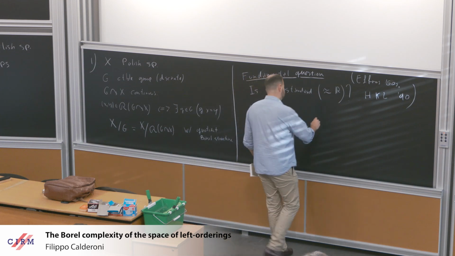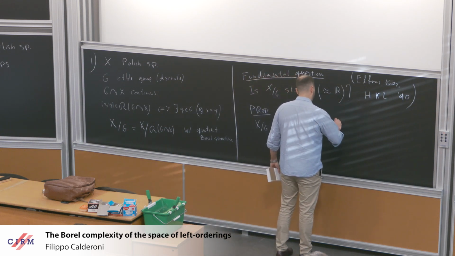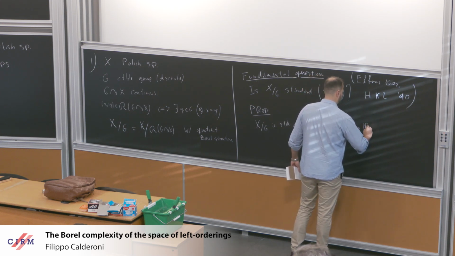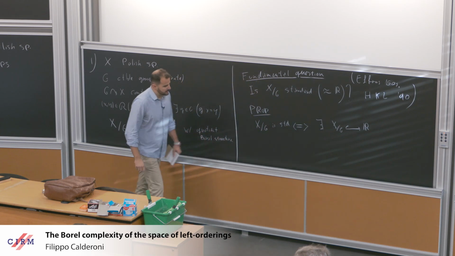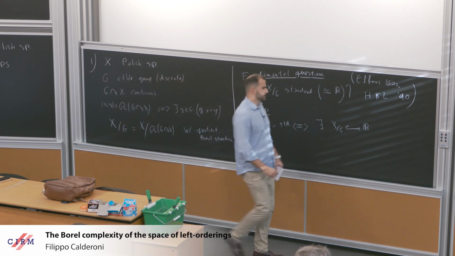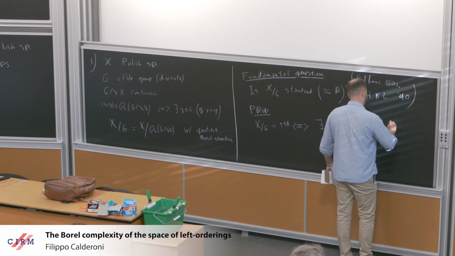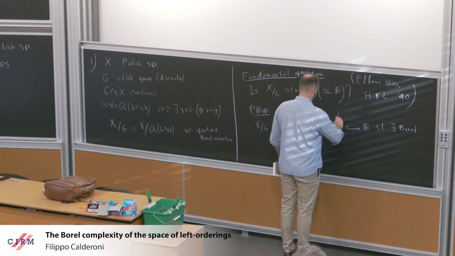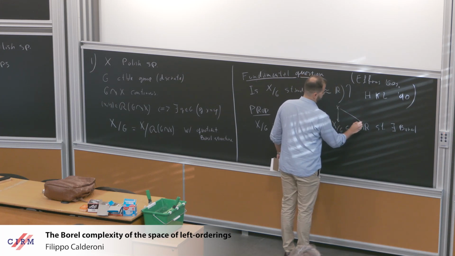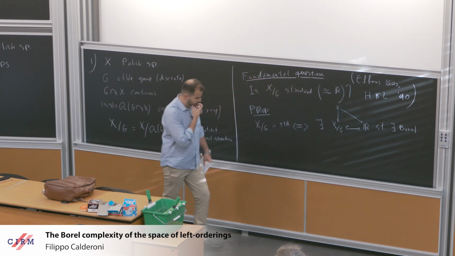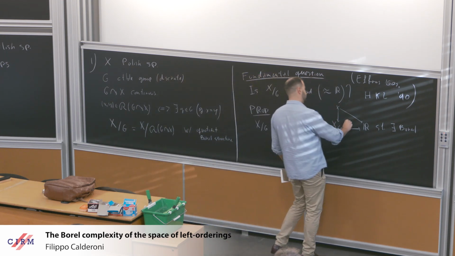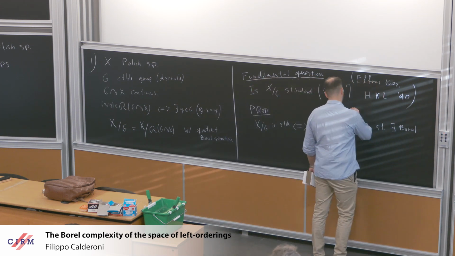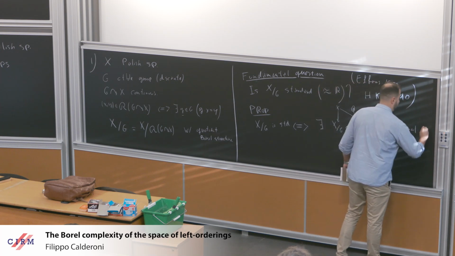And what it means here is that there exists an injection from the quotient into the reals that admits a Borel lifting map. So such that there exists a Borel map from X to R that makes the diagram commute. So let me finish the diagram. I'll call the injection phi, and I'll call the lifting map phi hat.